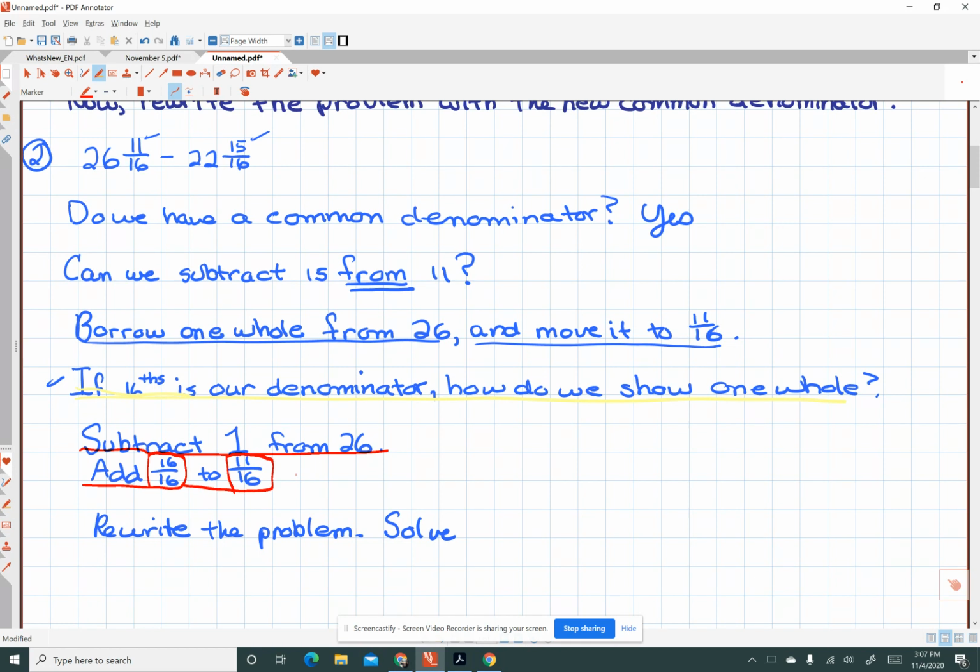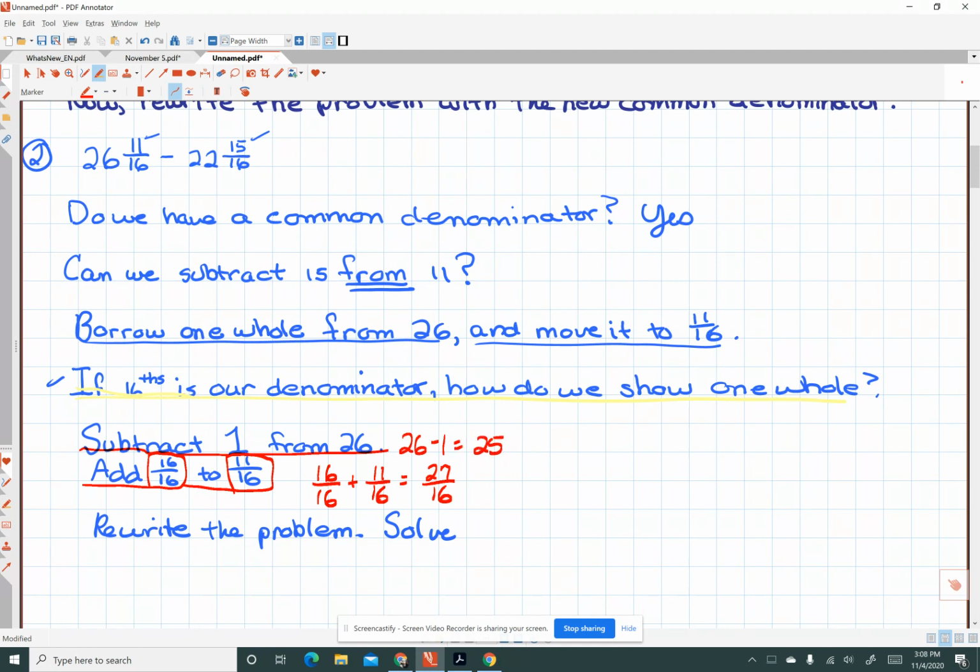So first of all, if we add 16/16 to 11/16, we will have 27/16. And if we subtract 1 from 26, we'll have 25.